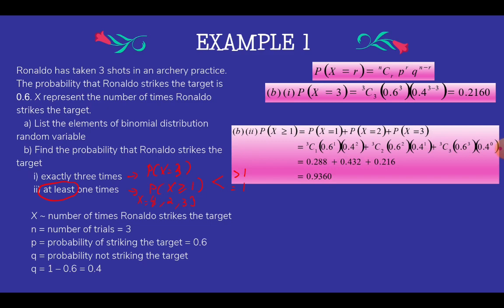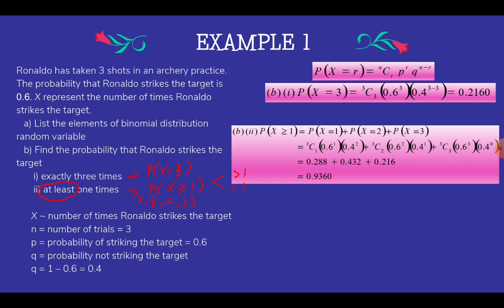We add all of the possible outcomes: when X equals 1, it strikes once, when X equals 2, we have 2 strikes, and X equals 3, we have 3 strikes from 3 shots. Add up all of the possible outcomes, and we have 0.9360.